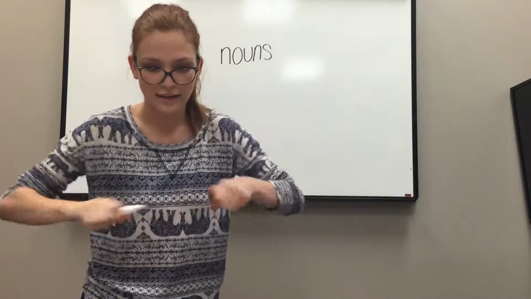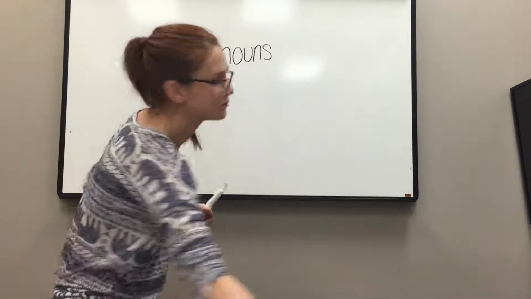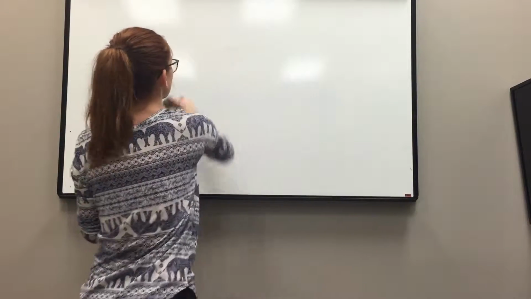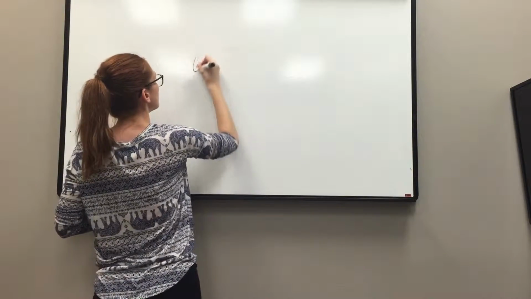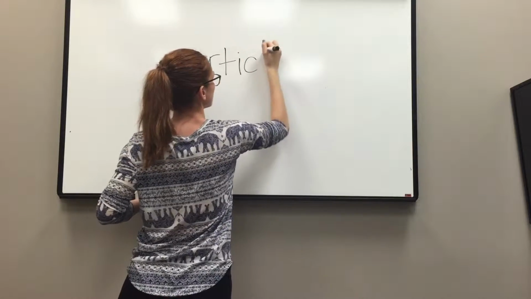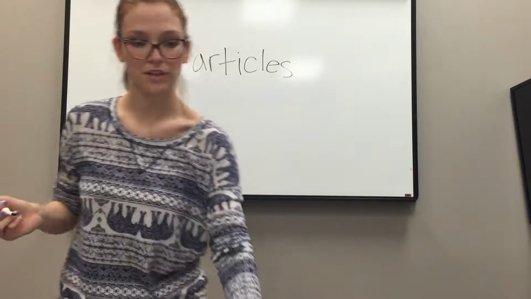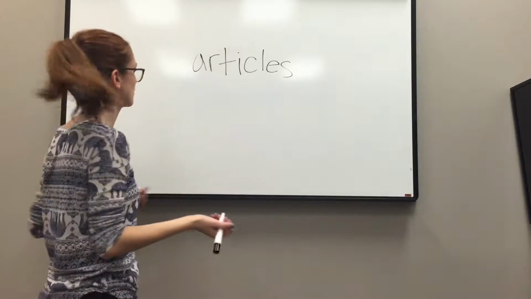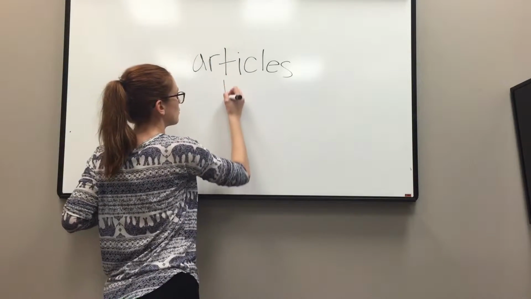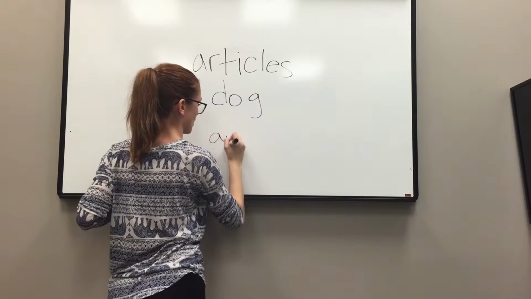Okay, now let's talk about articles. Does anybody know what an article is? An article lets us know that a noun is coming. So when we're talking about, let's use dog and apple.